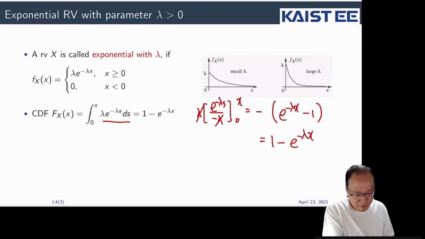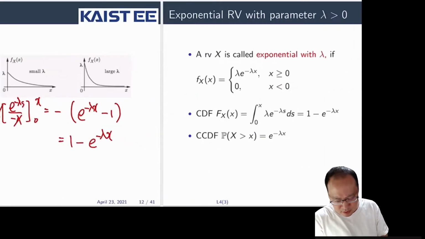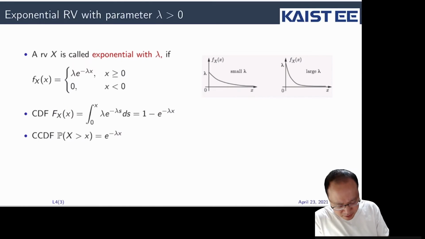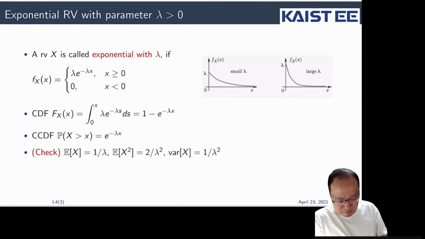This is the CDF of the exponential random variable, and the CCDF is obviously 1 minus F(x), which is equal to e to the minus lambda x, a very simple form. Next, we are interested in the expectation and the variance of the exponential random variable.